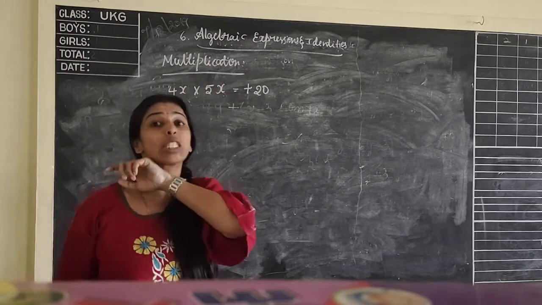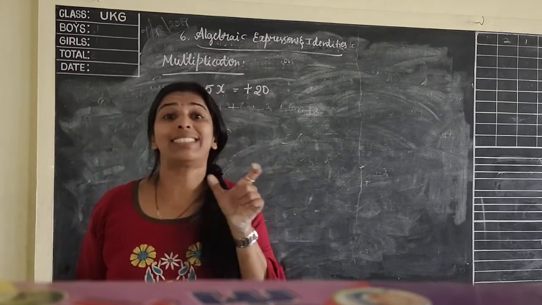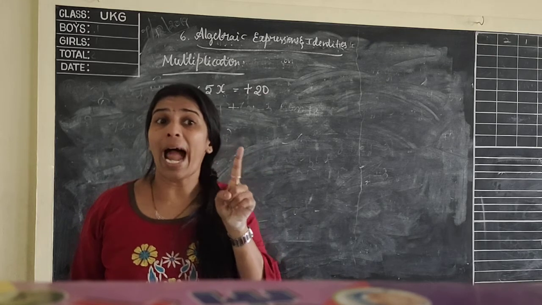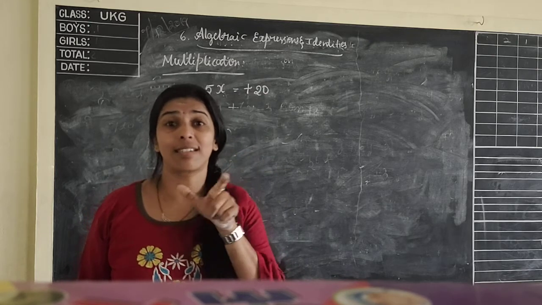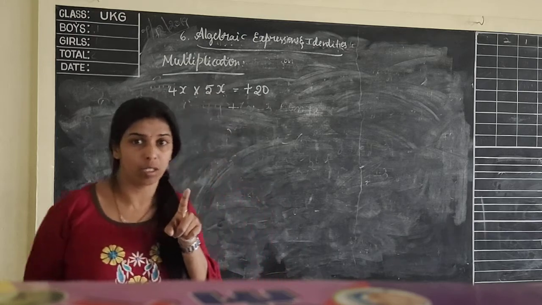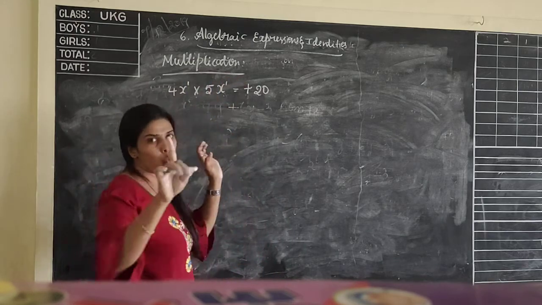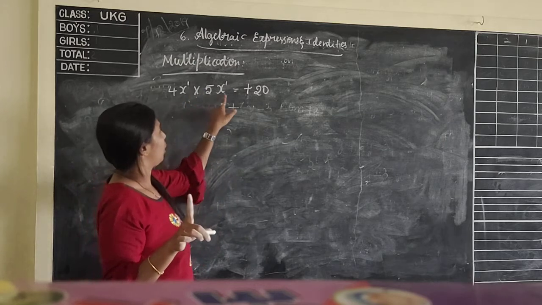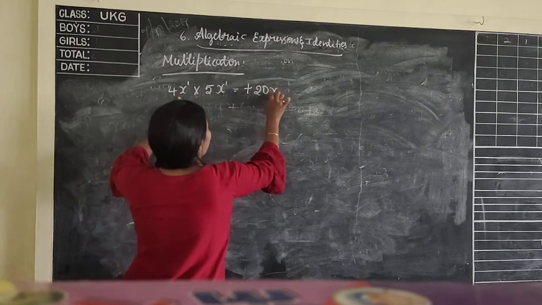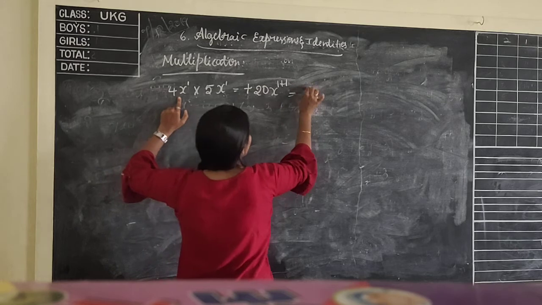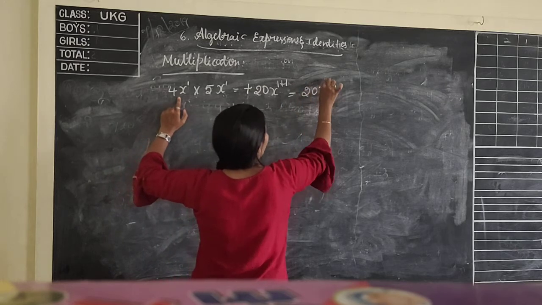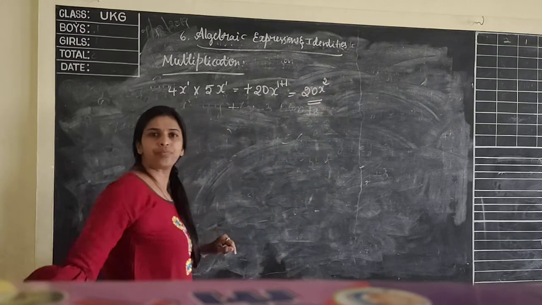Now we have to go for our exponents. If the bases are same, we have to add the powers. Remember? X, nothing power is there, means 1 is there always. X into x, so x to the power 1 plus 1. That is 20x to the power 2. Okay.